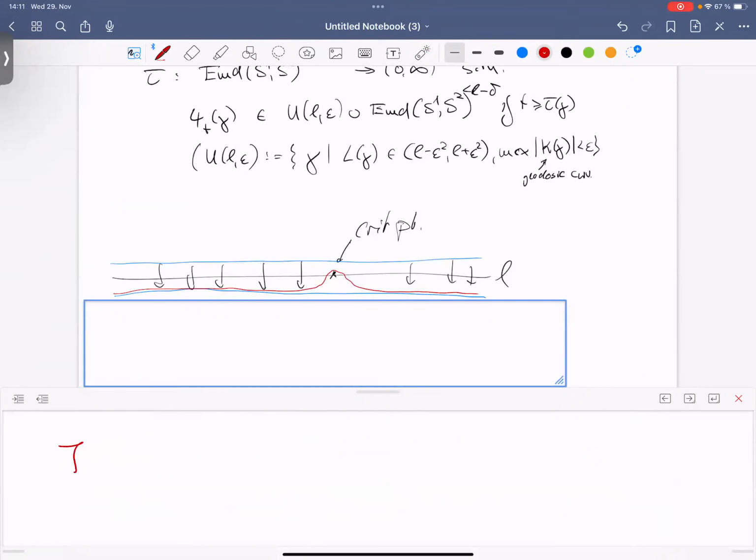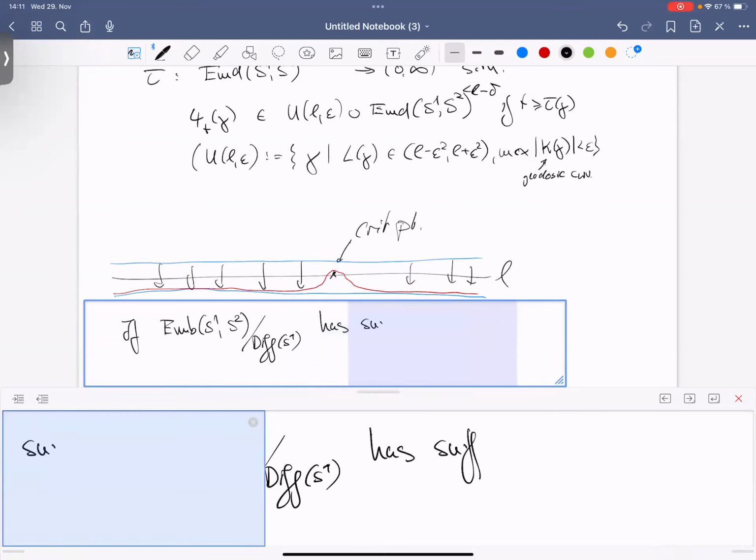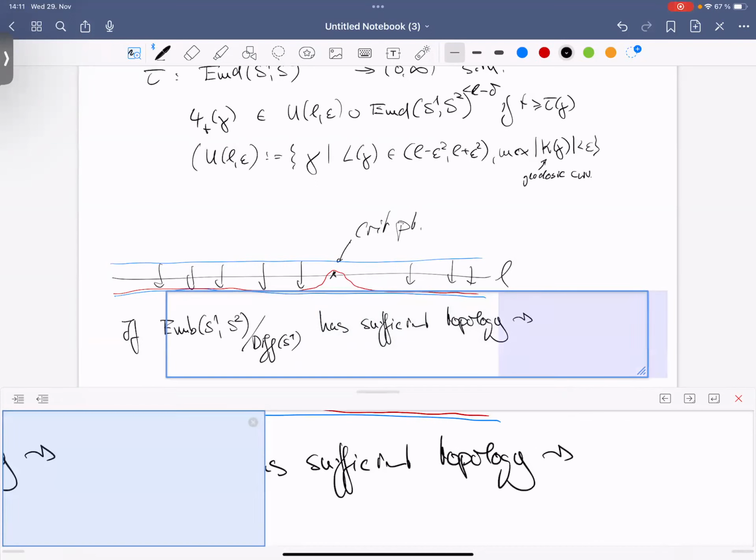So if the embeddings from S1 to S2 modulo the diffeomorphisms, we don't need the point curves here right now, has sufficient topology, there exists existence of closed geodesics, of simple closed geodesics.